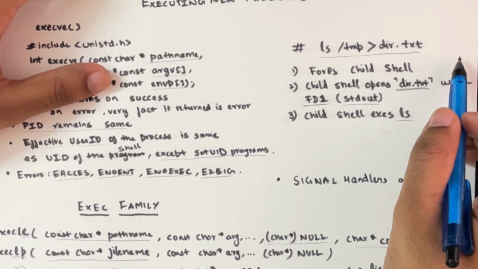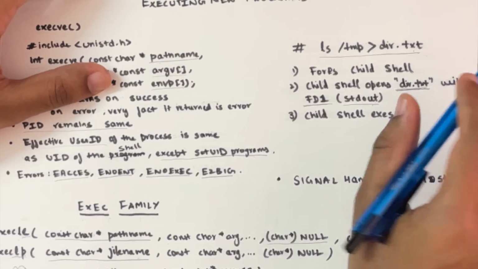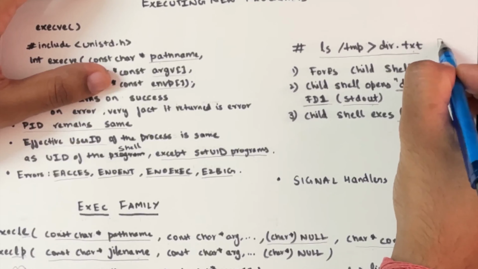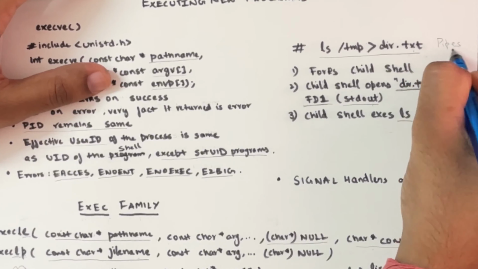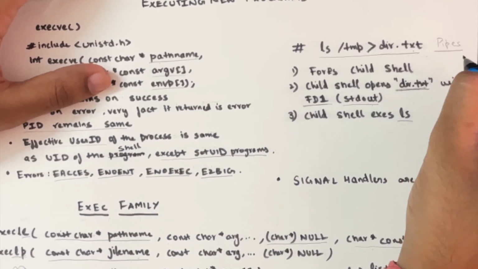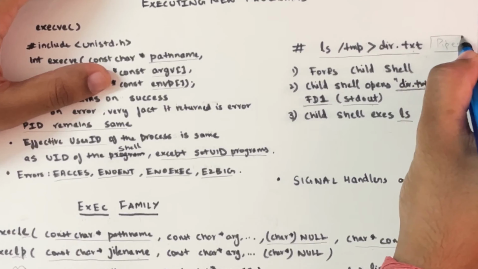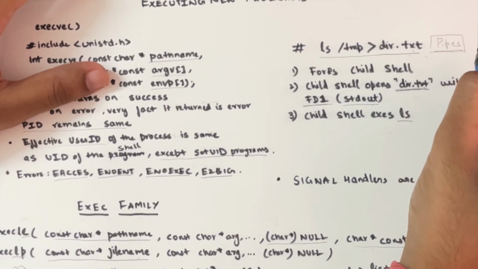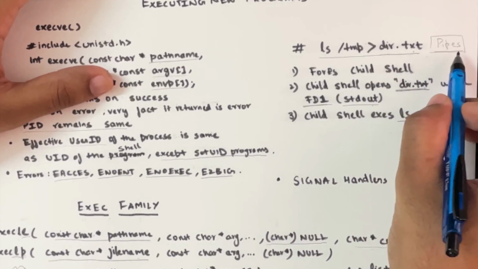They'll only be closed on a successful exec. Implementation of pipes also happens by redirecting file descriptors. We'll talk about pipes in inter-process communication and understand how the redirection happens there.